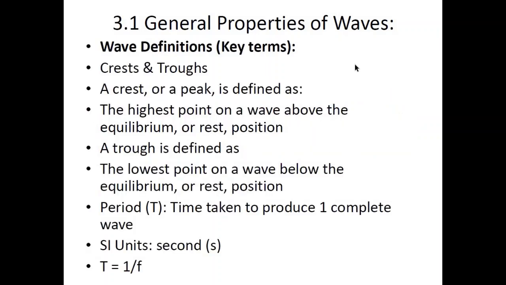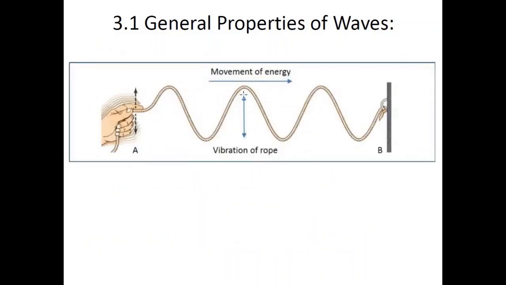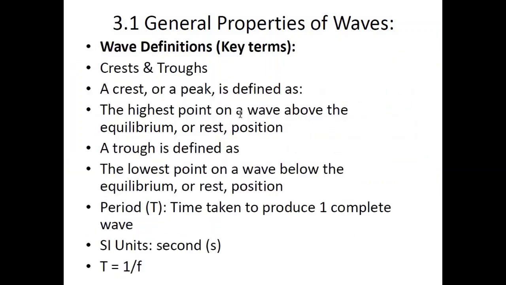Now there are some key terms or key components of waves that you should know. Crests and troughs. A crest or peak is the highest point on a wave above the equilibrium. This part. The trough is the lowest point on a wave below the equilibrium.